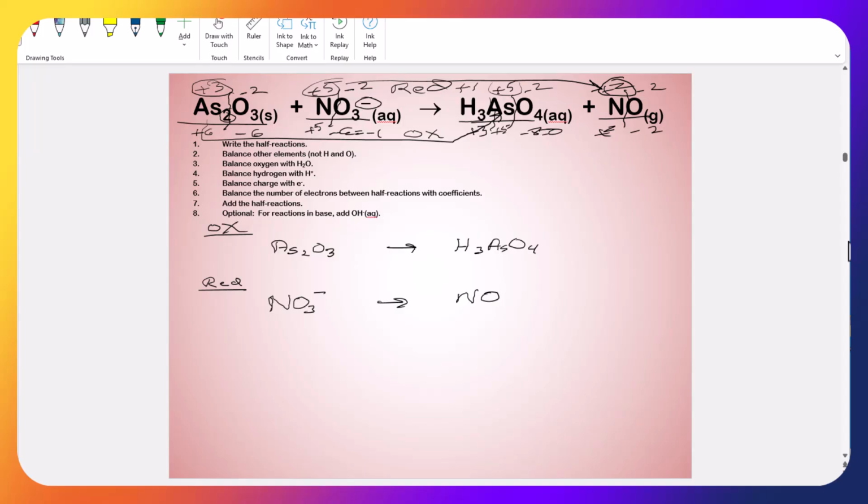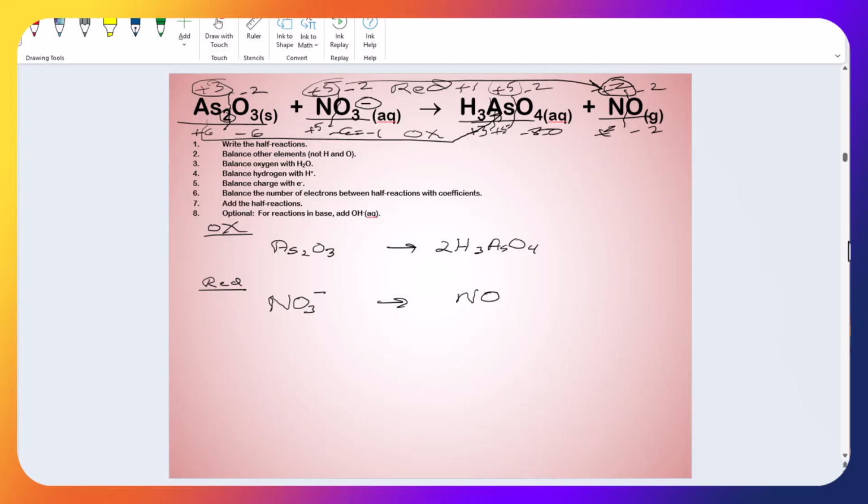We split up the reaction into half reactions, oxidation and reduction. Now that we've done that, we're going to balance all the elements that are not hydrogen and oxygen. Well, that's arsenic. That's really all we've got. So we've got 2 arsenics on the reactant side, only 1 arsenic on the product side. So I'm going to change the coefficient to 2.